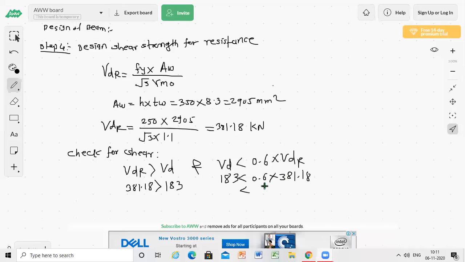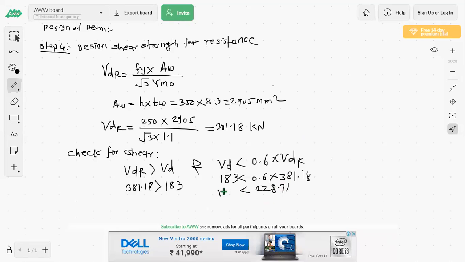This is 228.71 and this is 183, hence safe. This 381 is greater than 183 and this 183 is less than 228. So whichever section is provided by us, that section is safe for shear strength.